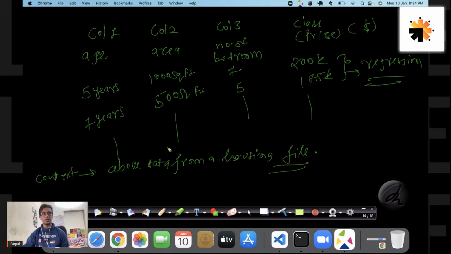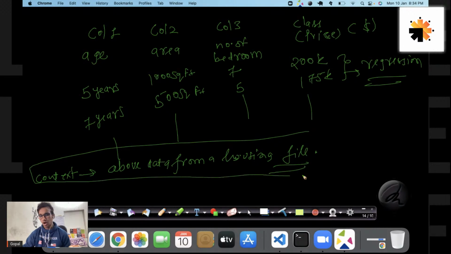I will explain what exactly the difference between regression and classification is in a while. What you just saw were 2 examples of supervised machine learning systems, along with 2 different techniques. The one was classification, the second one is regression.